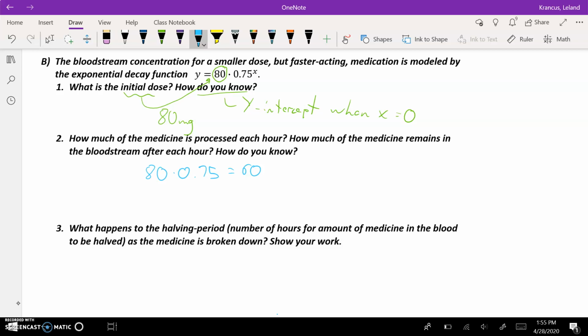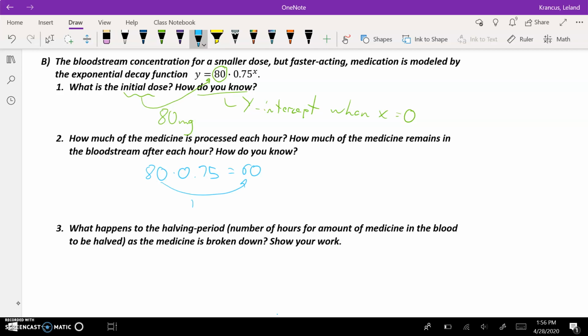Okay, and so you've got 75% of it. Remember, what this means is you have 75% left in your bloodstream. And this is asking how much of the medicine is processed each hour. So if in the first hour it goes from 80 milligrams to 60 milligrams, 60 is 75% of 80.